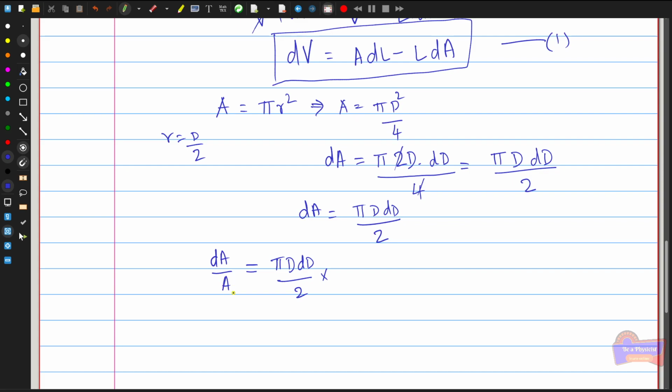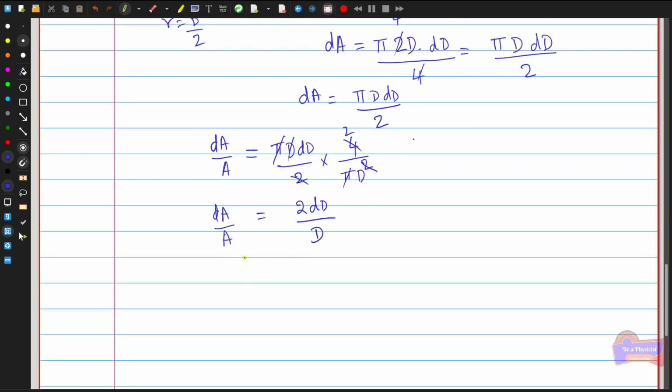I can write 1 by A as 4 divided by pi d squared. So I can simplify this equation by cancelling out the constants and d with the 2, so that the final answer will be 2 times the derivative of d divided by the original diameter, that is my dA by A.